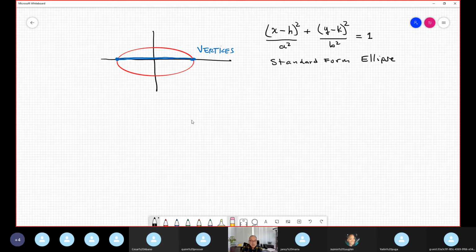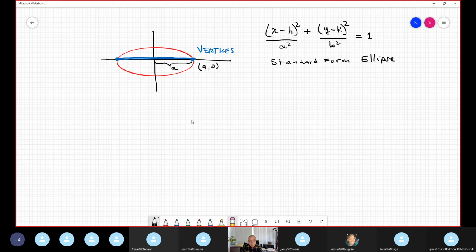Okay, this distance is a. You see the blue part is the entire major axis. This distance is half of it, the semi-major axis distance, and this point is the point a comma 0.